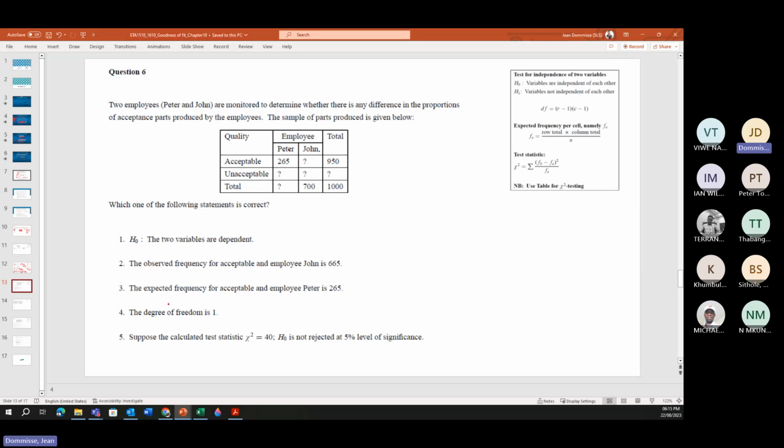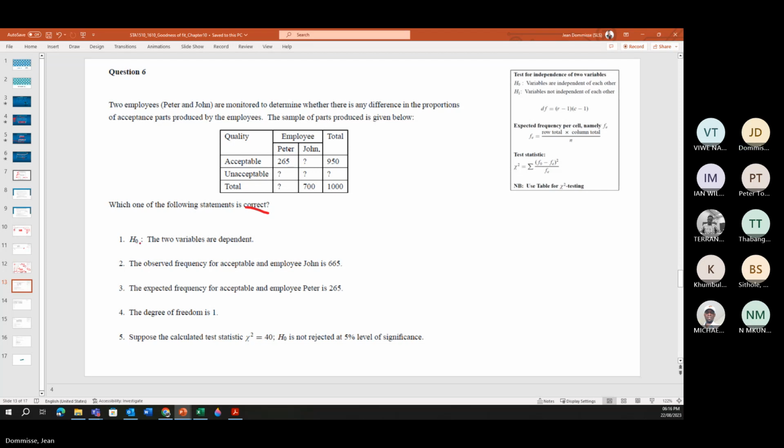Okay, so let's see what they have done in this table. They haven't given us all the information. They've given enough so that we can complete the rest of the table. But let's first check other things in here so that we have maybe eliminated things already. Which of the following statements is correct?